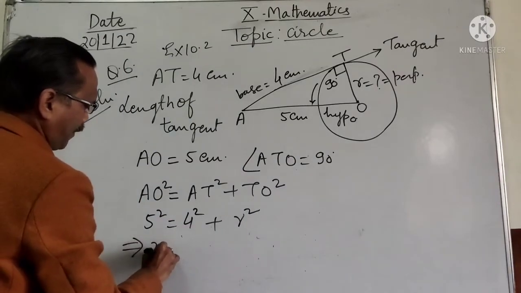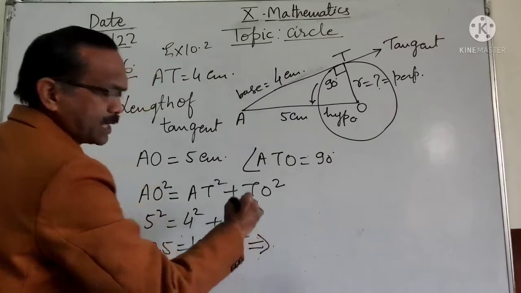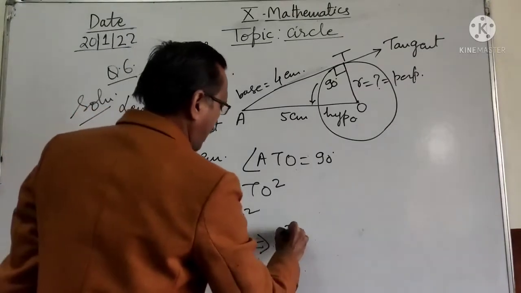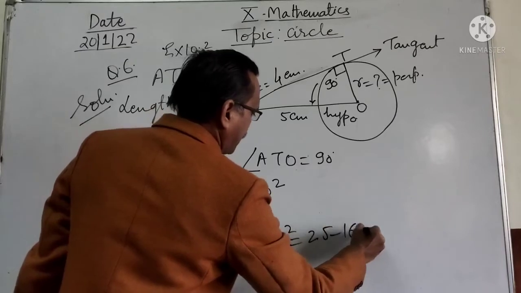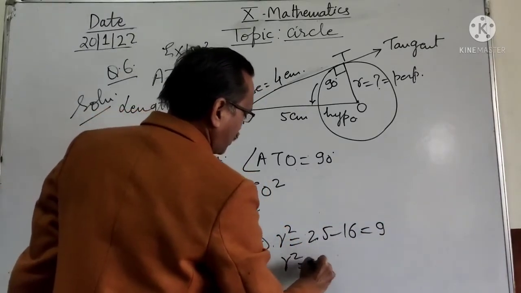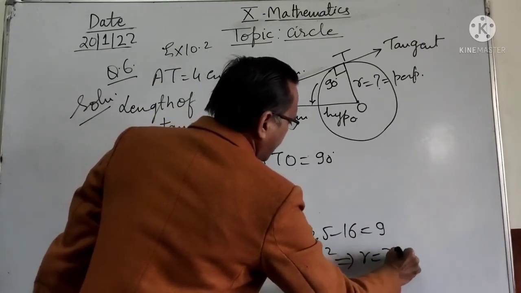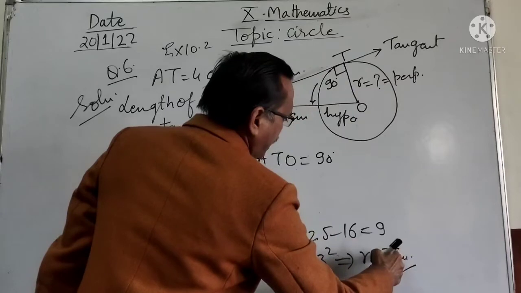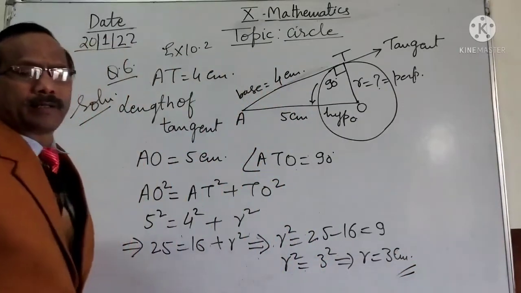Now 25 is 16 plus R square. From this we get R square is 25 minus 16, which is 9. So R square equals 3 square, therefore R equals 3 centimeter. The radius of the circle is 3 centimeter.